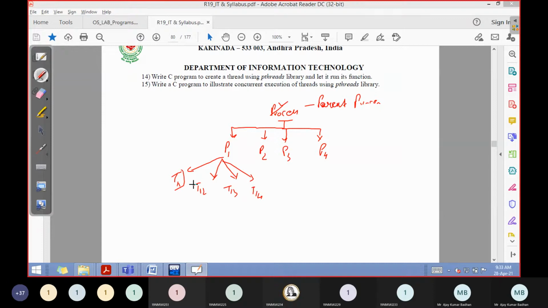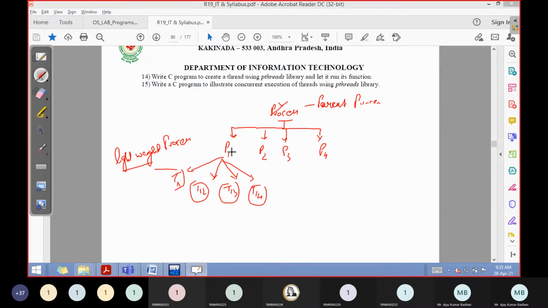And we know that a thread is nothing but a lightweight process. This thread will simply execute the task, return the information, and come back to the process.